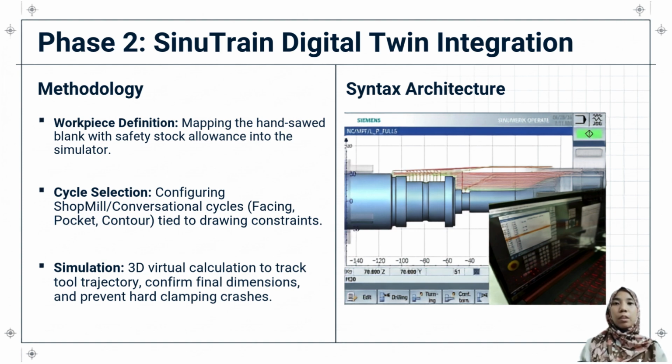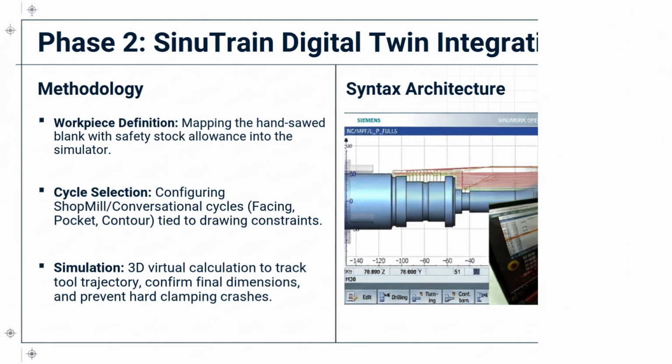In summary, phase 2 serves as a verification stage that reduces the risk of machining error, improves process reliability, and ensures that the CNC program was ready for physical execution.